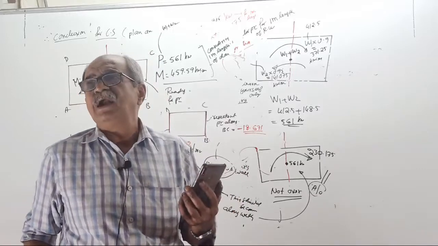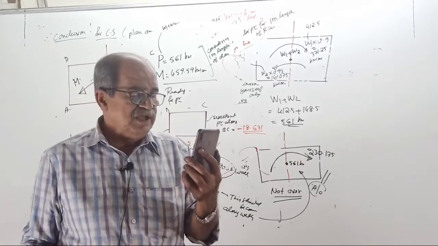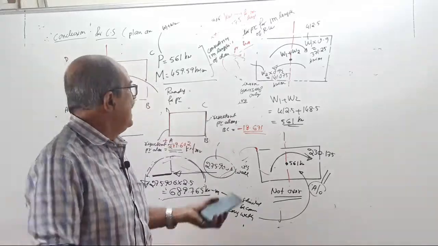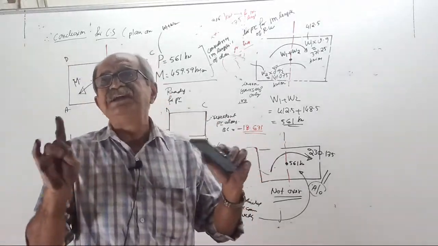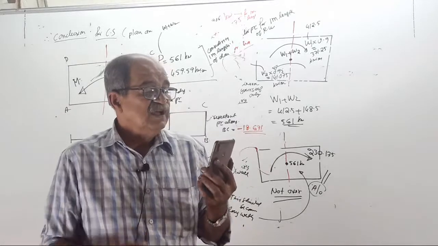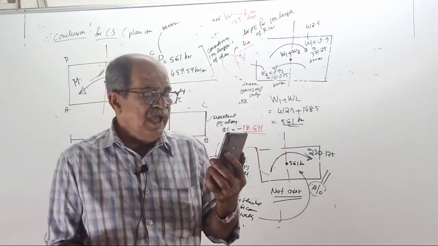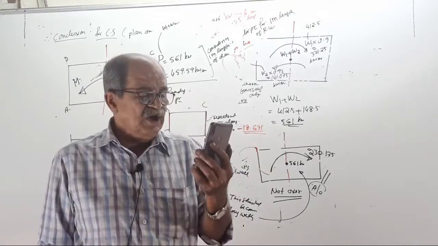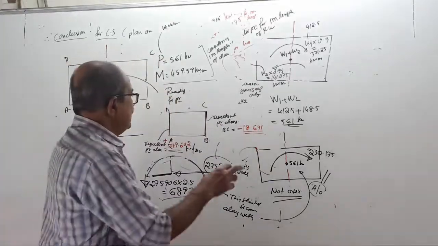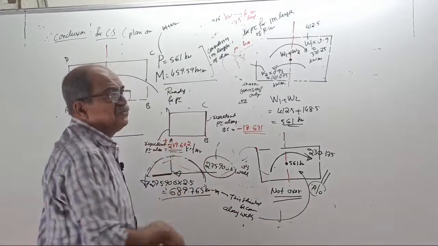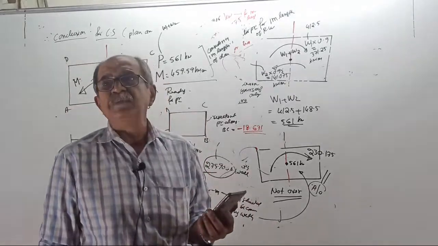That will tell you negative pressure will come. The base width provided for this example is randomly given. Most probably SBC also unsafe, because 279 is too high pressure.